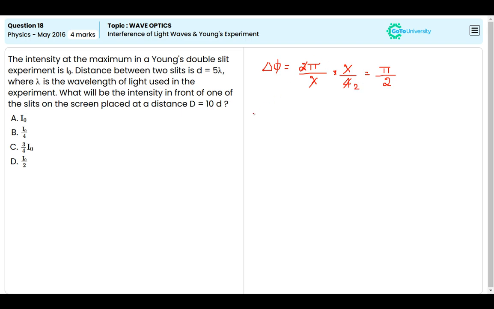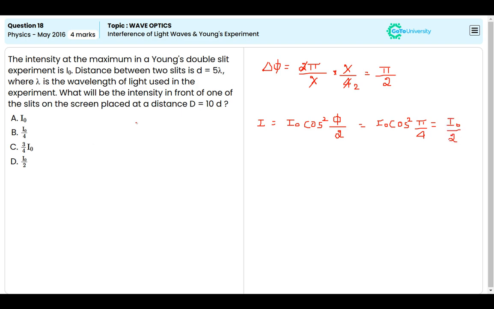Thus the intensity at the desired point is I equal to I naught cos square of phi divided by 2, which is equal to I naught cos square pi by 4. Cos square pi by 4 is nothing but I naught by 2.